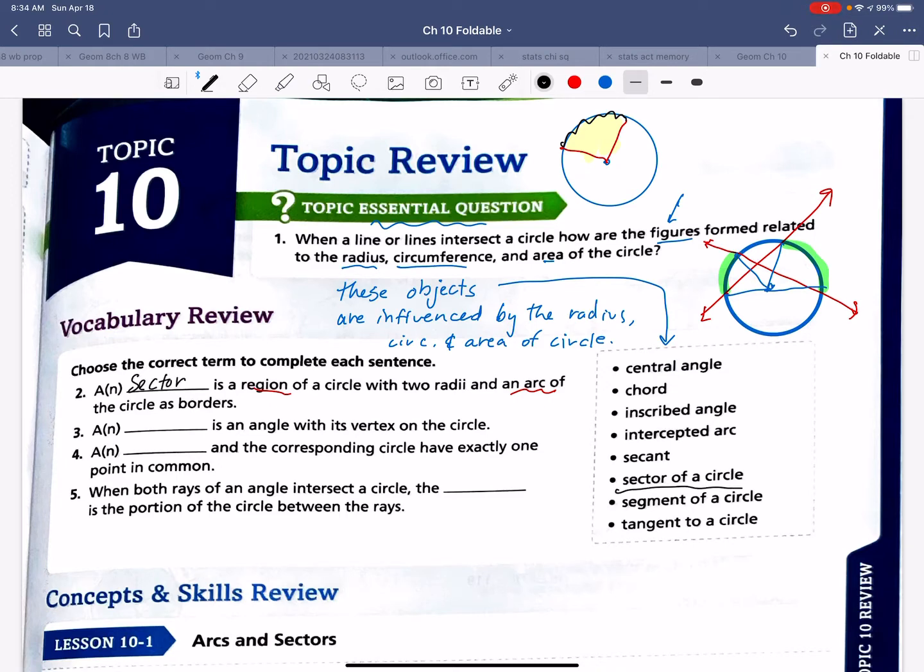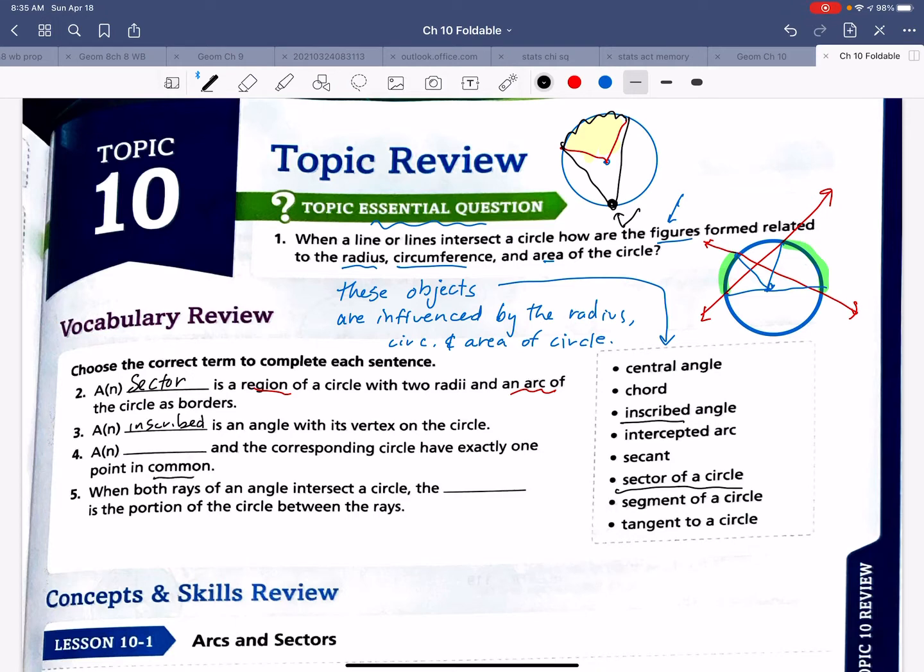A blank is an angle with its vertex on the circle. I could use the same circle here. If the angle's out here on the vertex, we know that angle is inscribed. It's an inscribed angle. A blank and the corresponding circle have exactly one point in common.